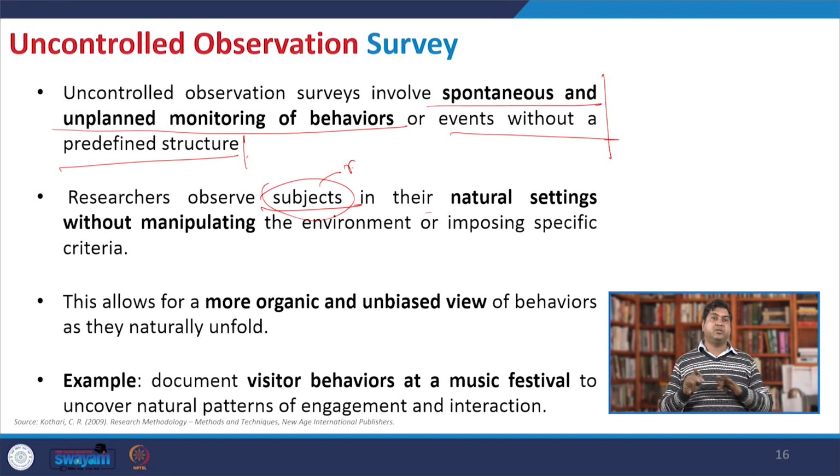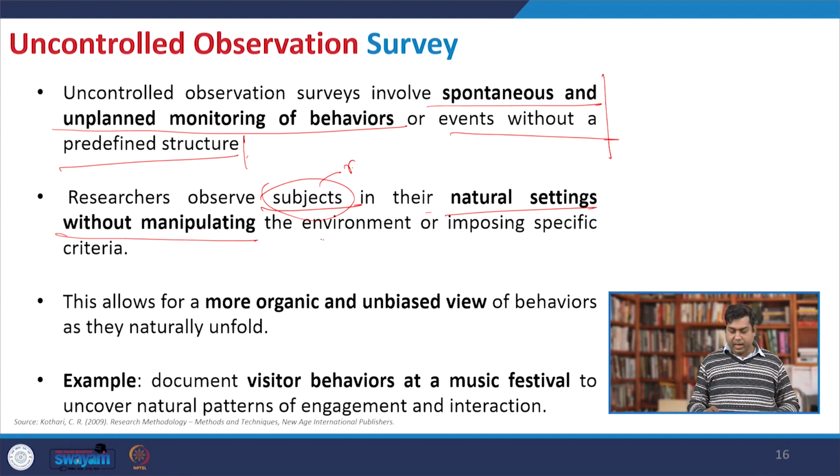Subjects are normally used where you identify the sample and try to understand his or her behavior. It is not the respondent, because we are not asking any question; everything happens through observation in their natural settings without manipulating. So subjects are in their natural setting, and we are not imposing any criteria. This allows a more organic and unbiased view of the behaviors.